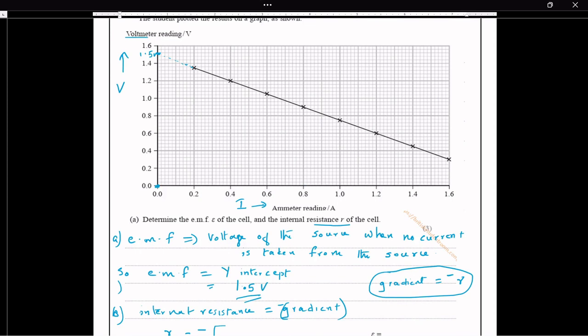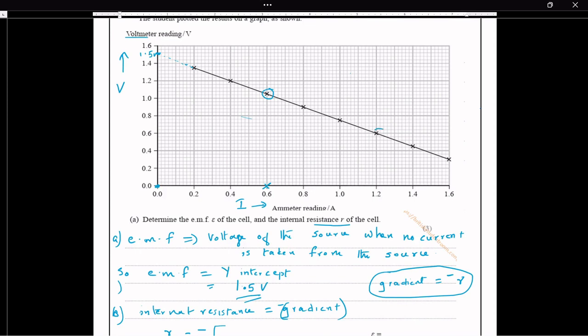I'm going to select this point, which gives a corresponding current of 0.6, and I can select this point too, because I can read this also.